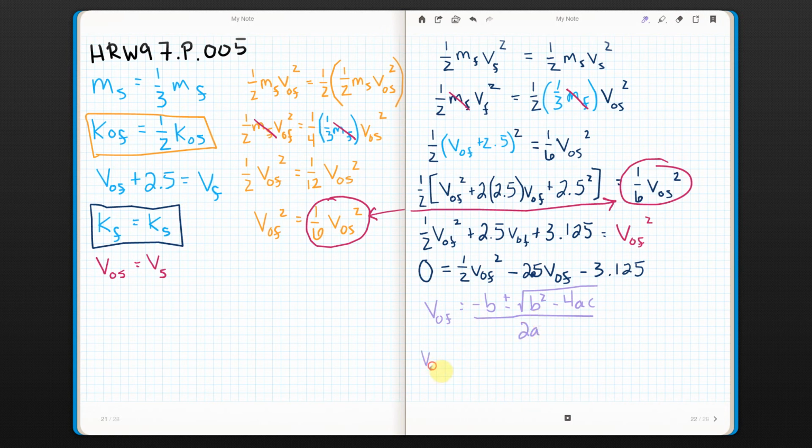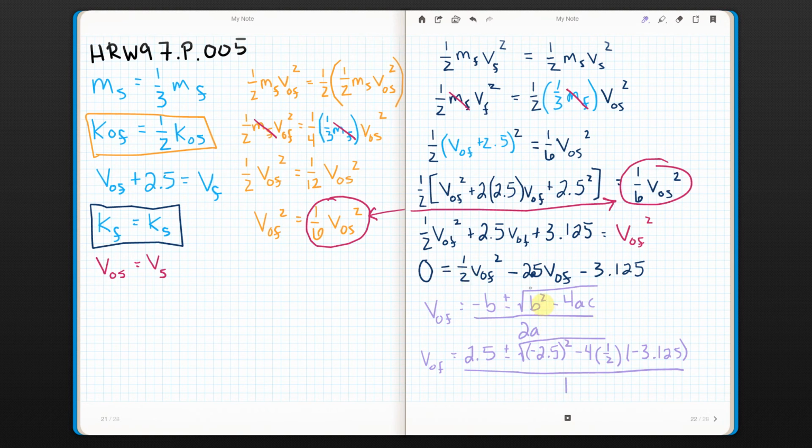So in this case, b is negative 2.5. Negative and negative is positive, so it's just going to be 2.5 plus or minus the square root of negative 2.5 squared minus 4 times 1/2, which is a. C is negative 3.125, all over 2 times 1/2, which is 1.